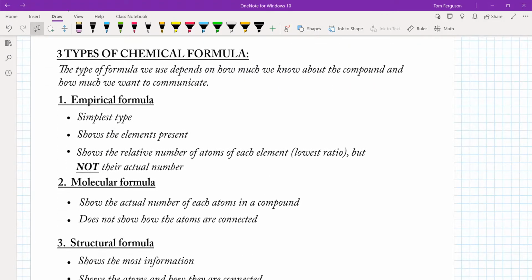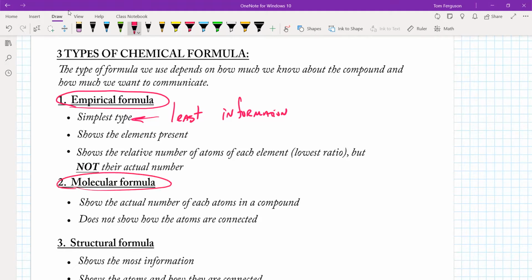Okay, 3 basic types of formula. An empirical formula is the simplest, but gives us the least amount of information. And so frequently it's not used. It's used sometimes when we're doing some wet analyses in the lab, but normally it's not used very much. The molecular formula is used a fair amount.